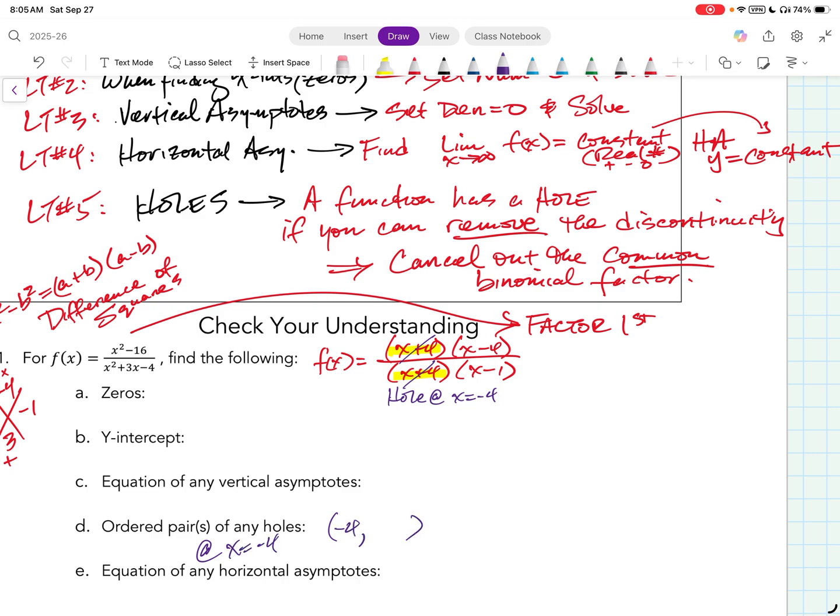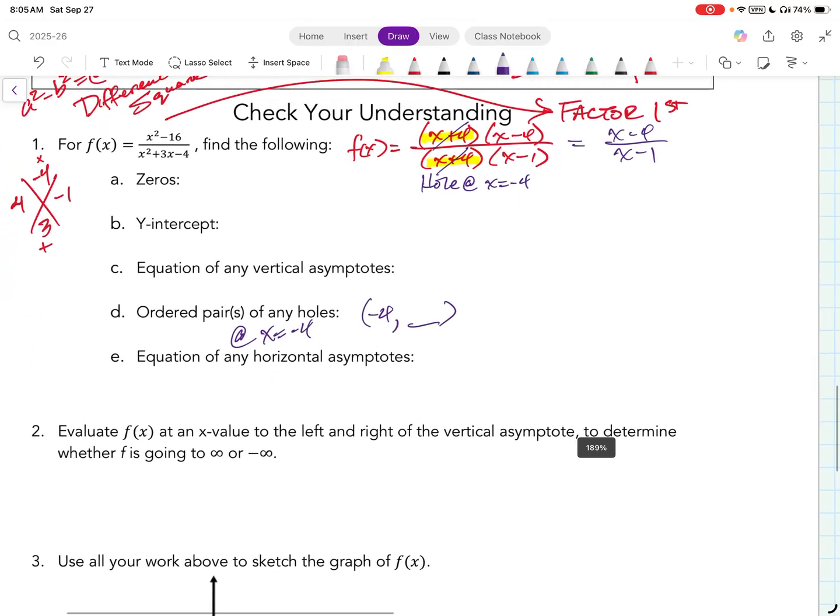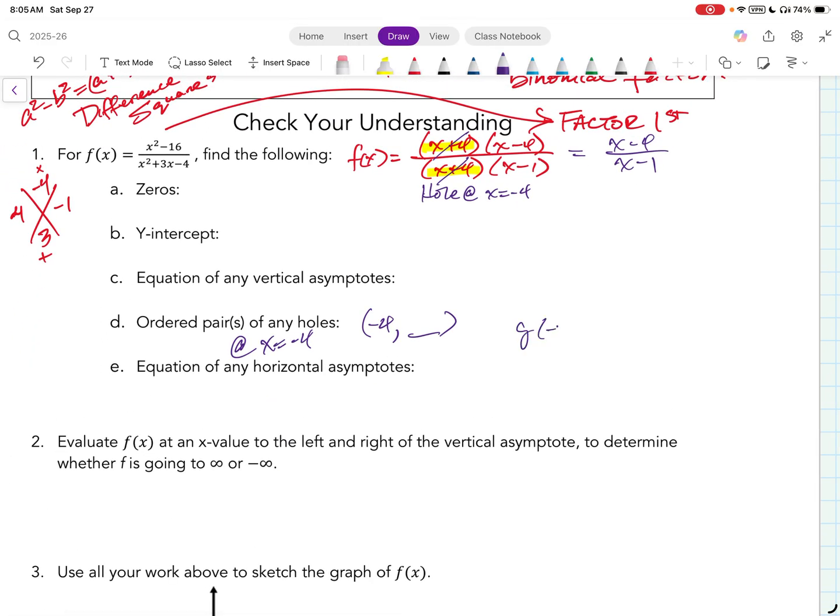So I'm going to rewrite the simplified version of the function: x minus 4 divided by x minus 1. If I find g of negative 4 using my simplified function, I get negative 4 minus 4 divided by negative 4 minus 1. That's negative 8 divided by negative 5, which is 8/5 or 1.6. So now I know where the hole is located.